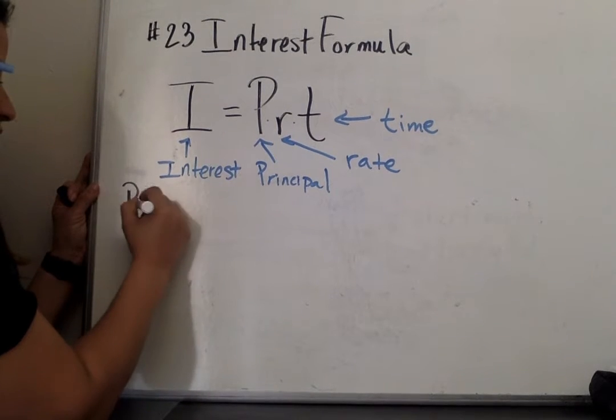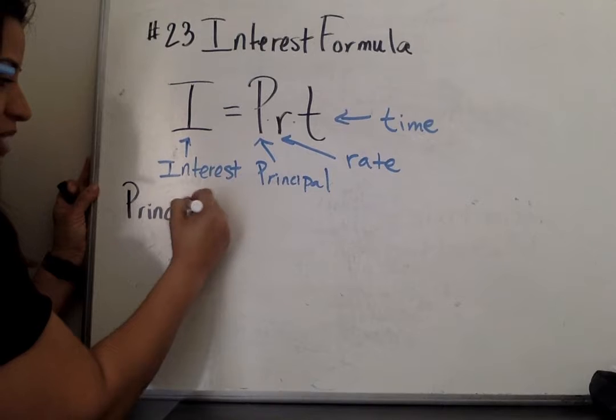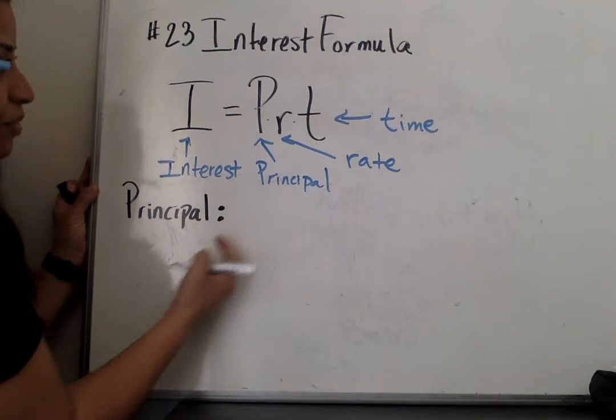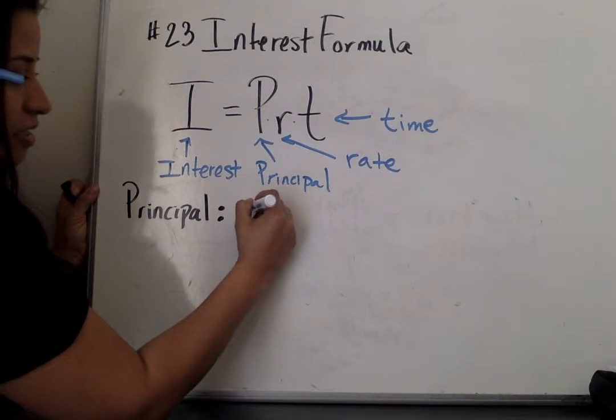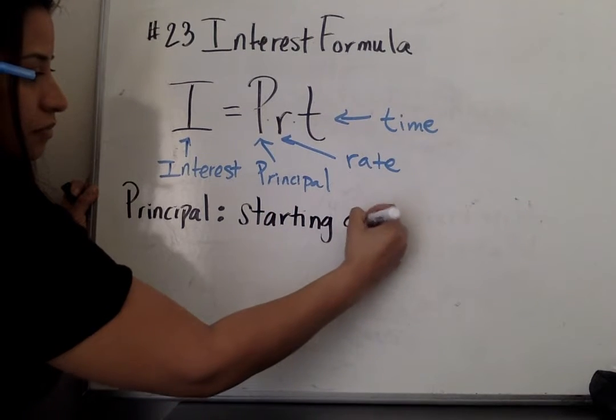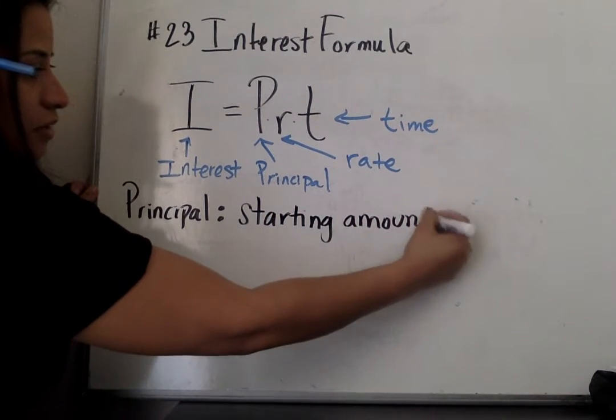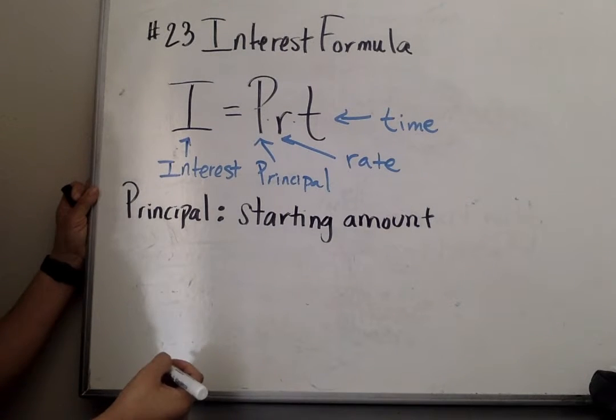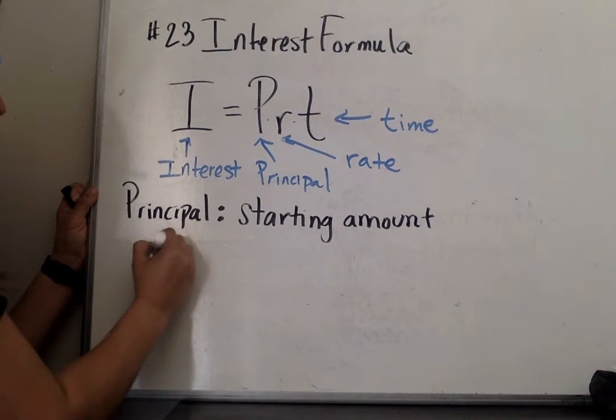So the P is for principal. You should be writing this down. Principal is the starting amount.